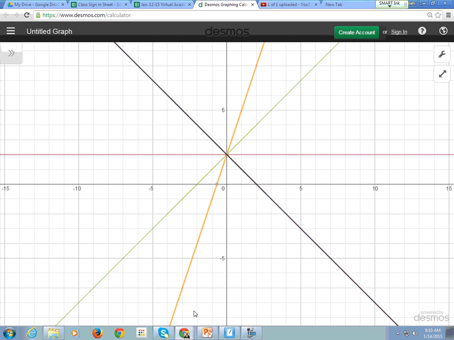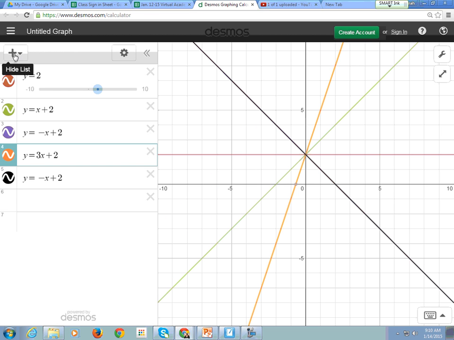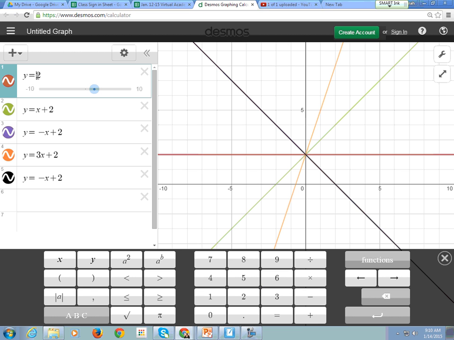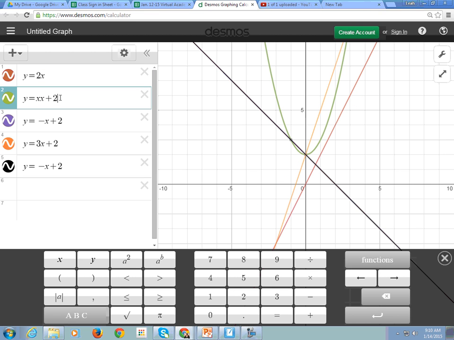All right, so now let's change those up, when we all have a slope of 2. So what does it look like to have the same slope?